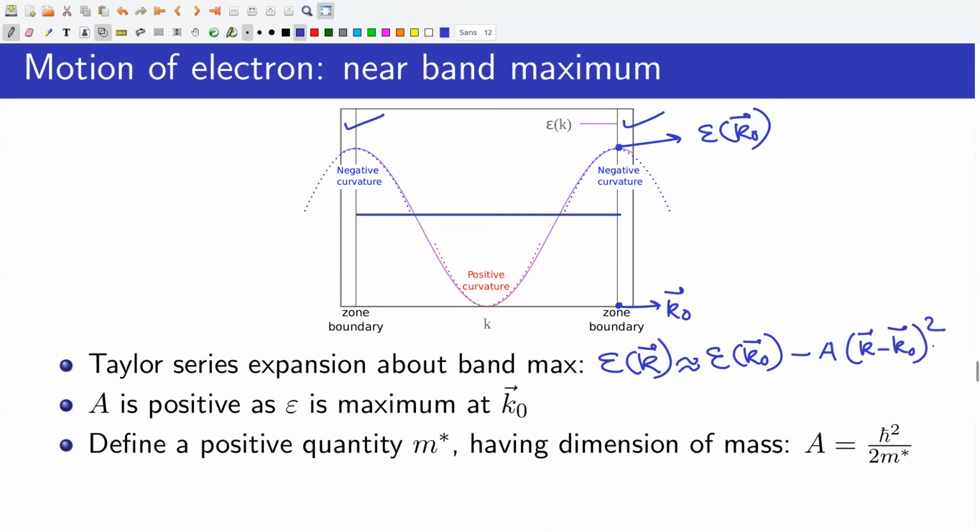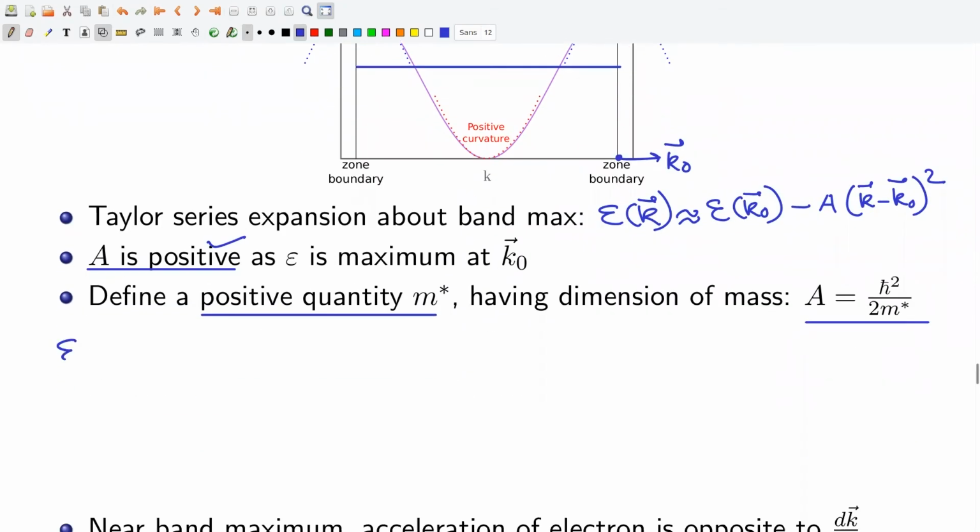The linear term vanishes as we are expanding about a maximum point, and the first derivative of E(k) has to be equal to 0. Moreover, since E(k) is maximum at k0, A has to be positive. We define a positive quantity m star having a dimension of mass, and we write A equal to h bar squared divided by 2m star.